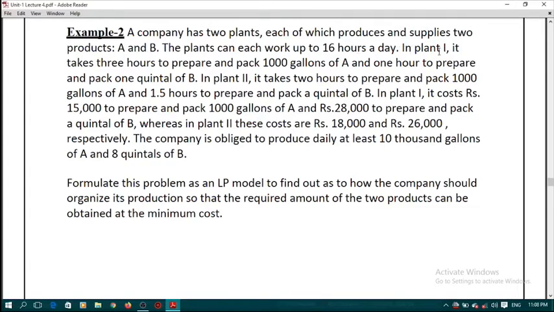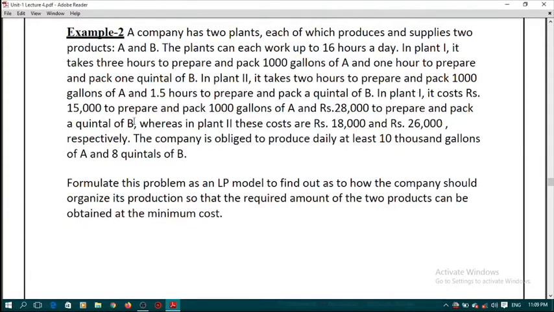In plant 1, it takes 3 hours to prepare and pack 1000 gallons of A and 1 hour to prepare and pack 1 quintal of B. In plant 2, it takes 2 hours to prepare and pack 1000 gallons of A and 1.5 hours to prepare and pack a quintal of B.